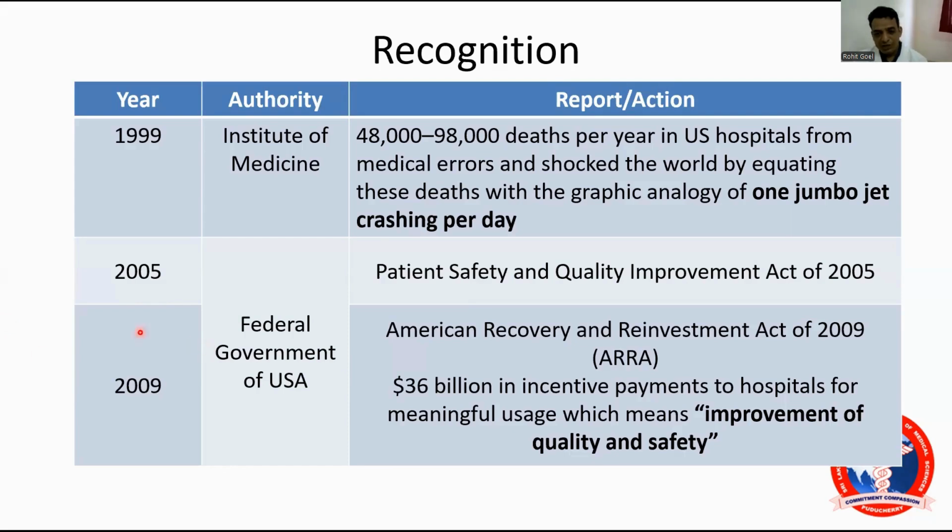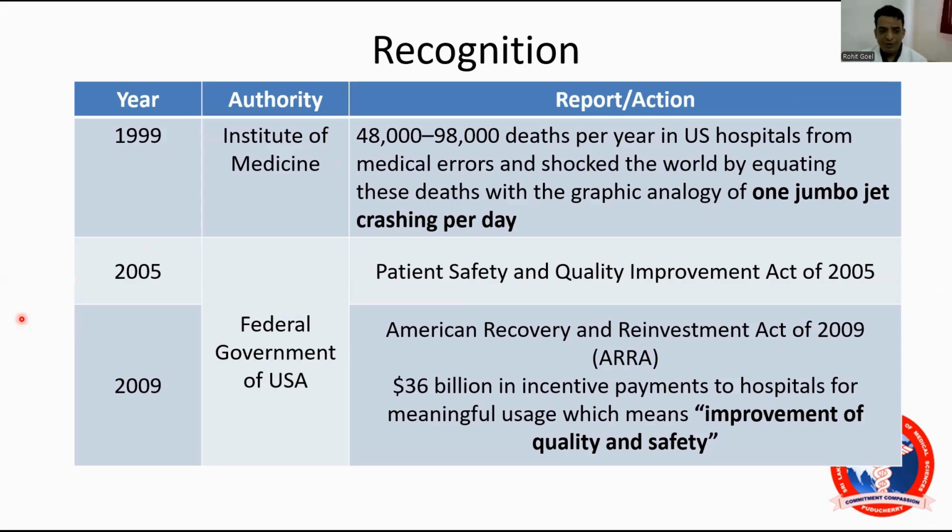As a response, in 2005, the US government introduced the Patient Safety and Quality Improvement Act to encourage safer healthcare practices. Further strengthening this movement, the American Recovery and Reinvestment Act of 2009 allocated $36 billion in incentives to hospitals.